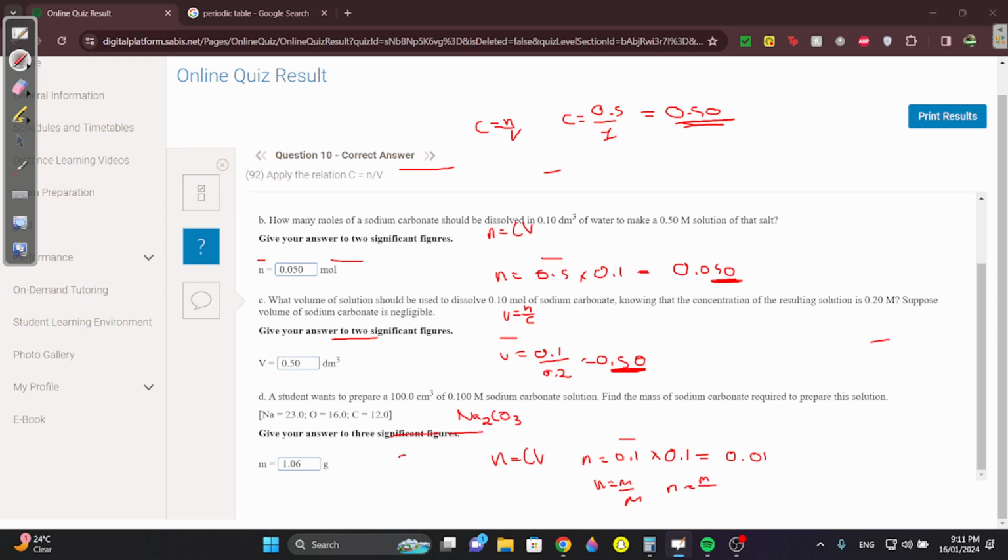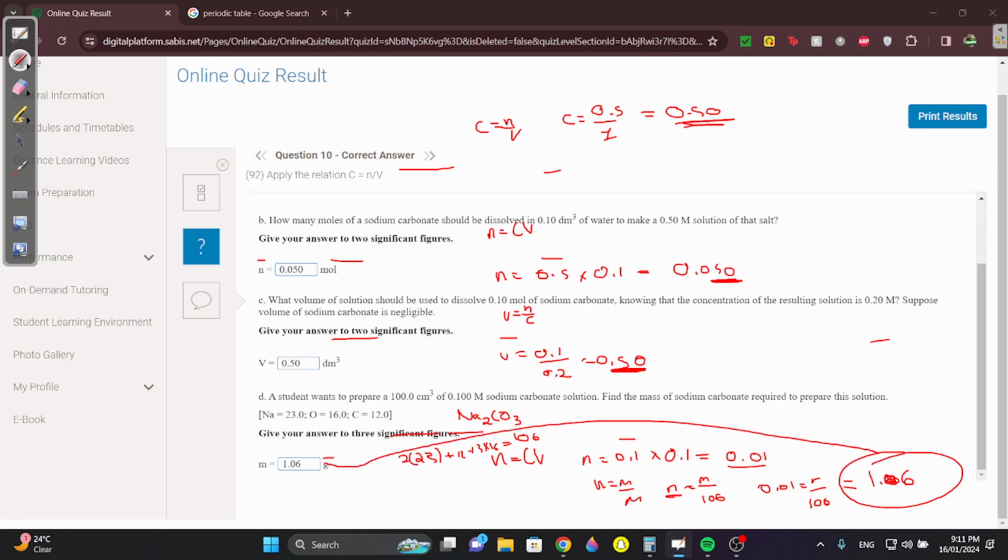It's 2 Na, so 2 times 23, plus C, which is 12, plus 3 times oxygen, which is 16. You get 106. And we said the moles is 0.01. So 0.01 equals the mass divided by 106, which gets you 1.06.